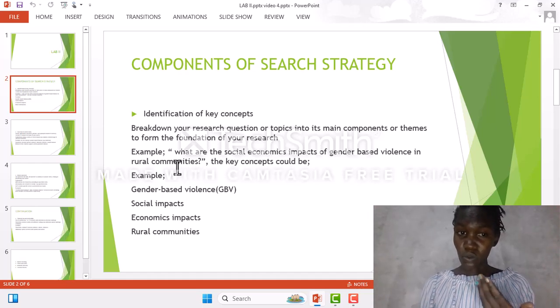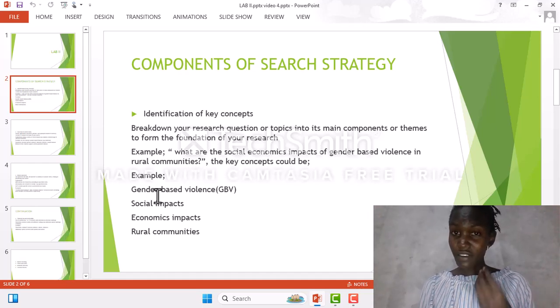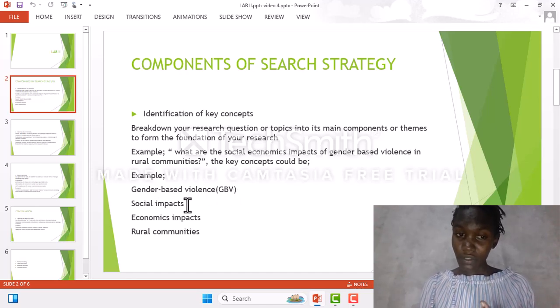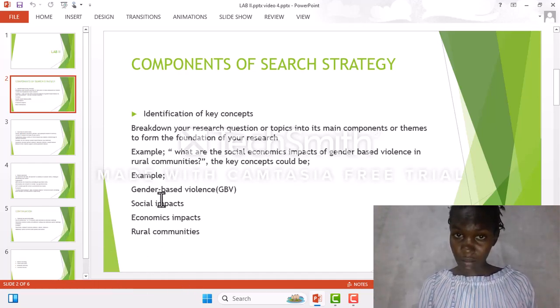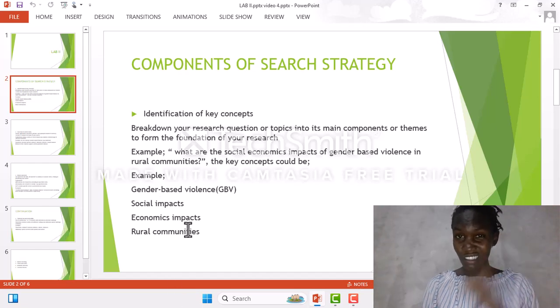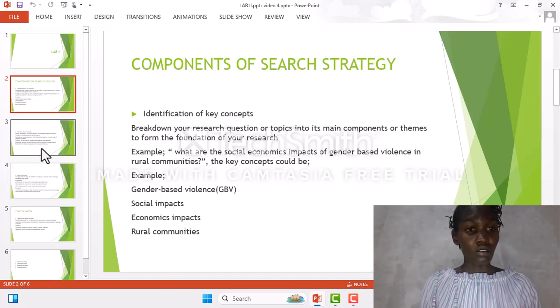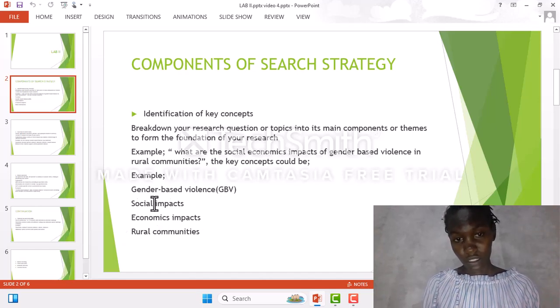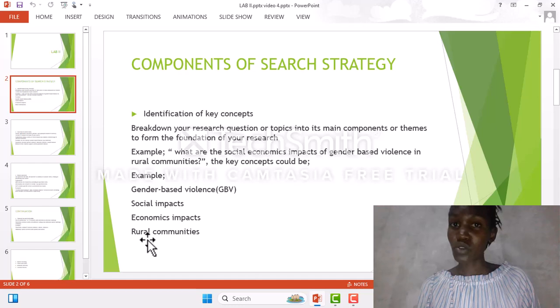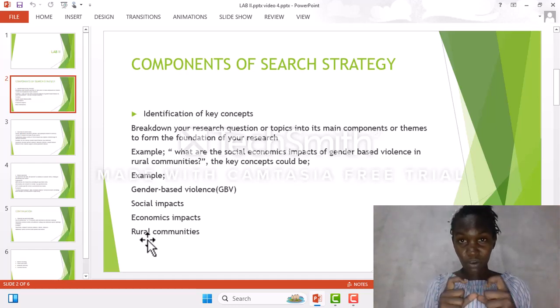The key concepts could be gender-based violence, GBV, social impacts, economic impacts, and where? In rural communities. Remember, we are on search strategies. So these are the key concepts. In these key concepts, you are able to retrieve meaningful information out of them.